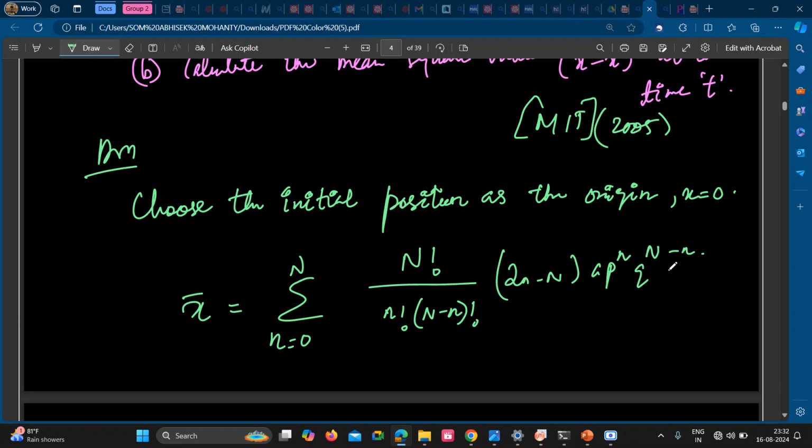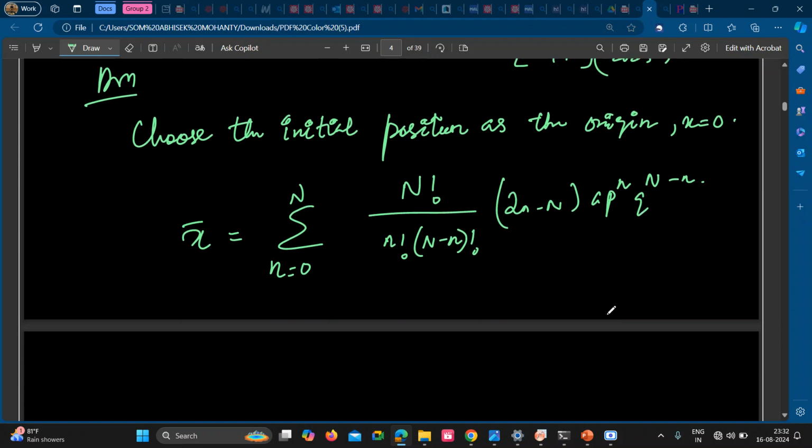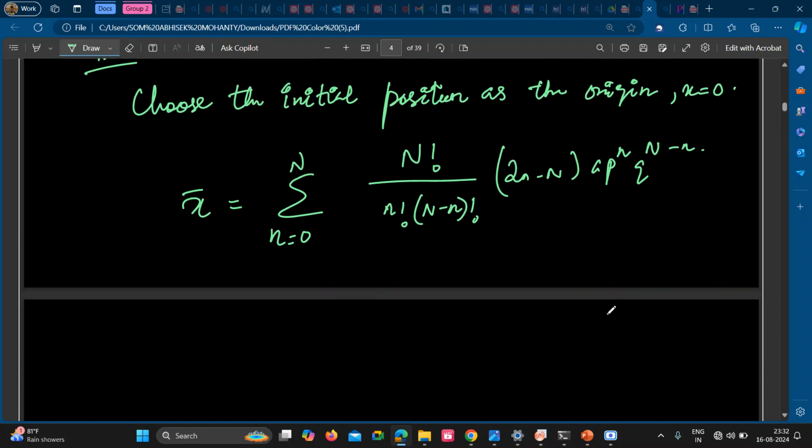So what can I do from here? Calculate the average position x bar at t is equal to N tau. This is the initial position where x is equal to 0.